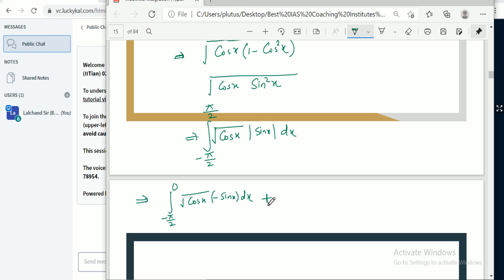Okay, plus next is 0 to pi by 2, that will be under root cos x, and that will be positive sin x dx. Okay, so now tell me how to simplify this further.